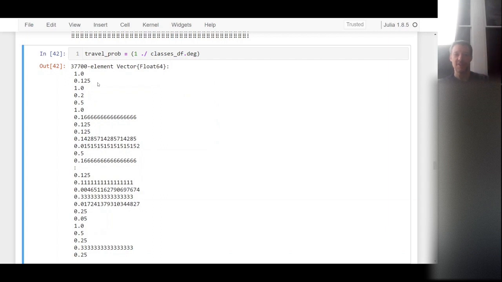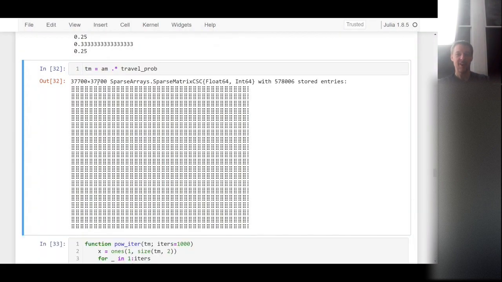And now we go to the most difficult part of today's lecture. Now I transform my adjacency matrix by this travel probability. So how do I do it? Yes, this is like Markov chains.